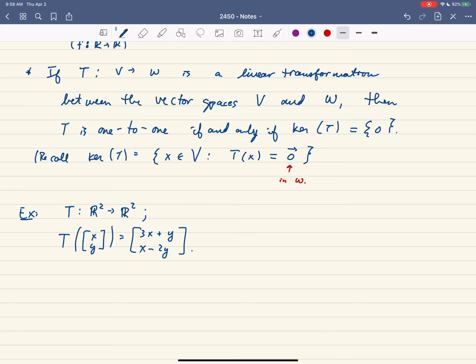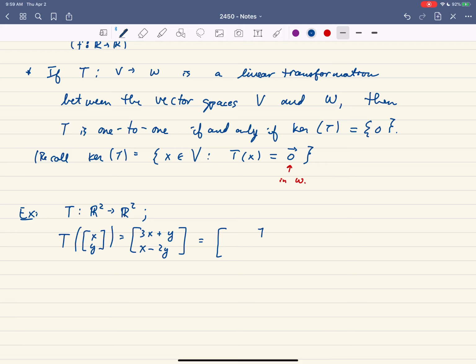So for the kernel of T, we're kind of putting all of these pieces together now. This is lots of things that we've done so far, grouped all together. What we're going to do is take 3x plus y and x minus 2y and write this as a product of a matrix and a vector.